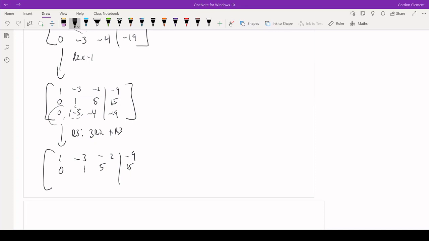So let's check. 3 times row 2, 0 times 3 is 0, adding 0, this stays 0, that's good. 3 times 1 is 3, add -3, that's 0. 3 times 5 is 15, add -4 is 11. 3 times 15 is 45, and then subtract 19 is 26.